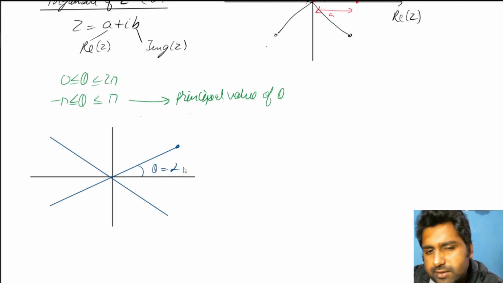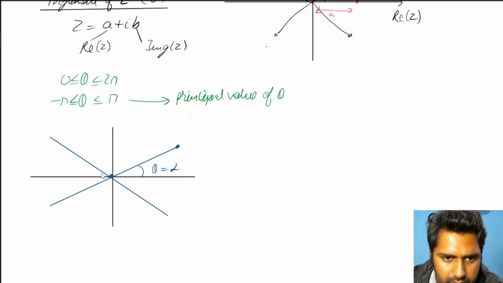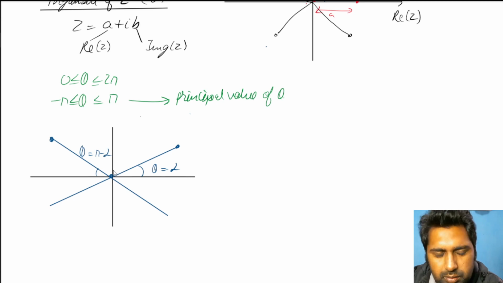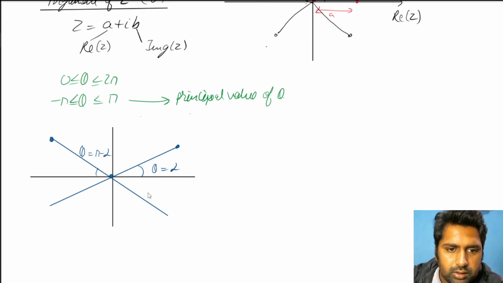I'll talk about what alpha is. If your complex number is in the second quadrant, then alpha will basically be this angle, but your theta will be pi minus alpha.